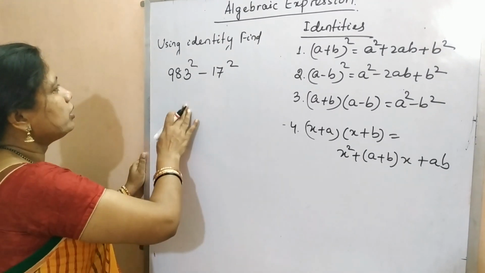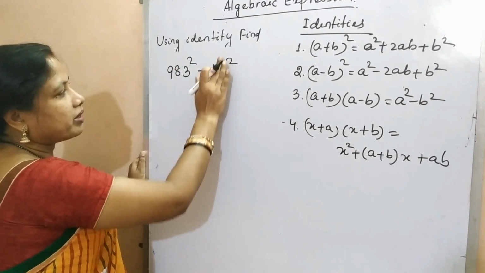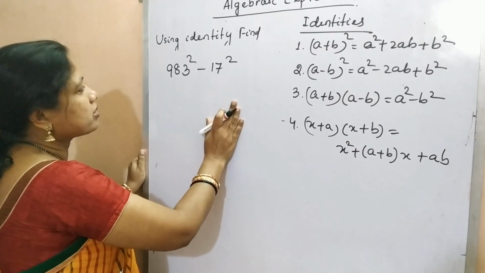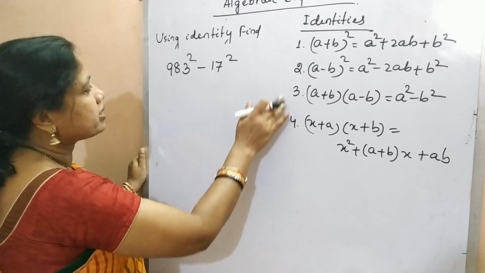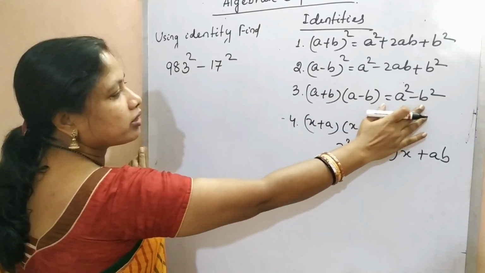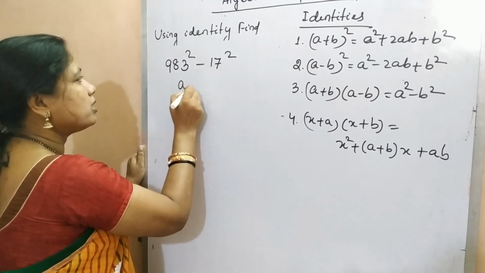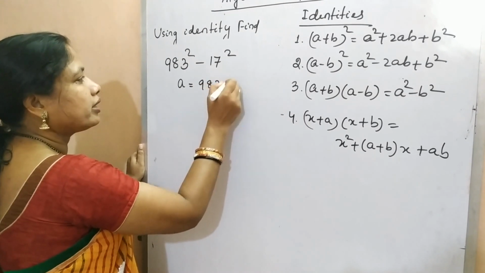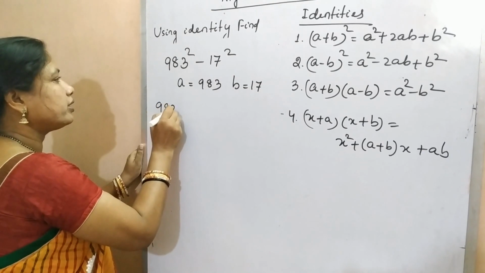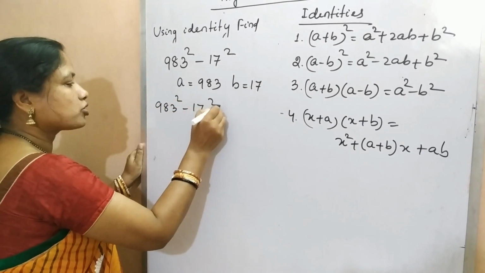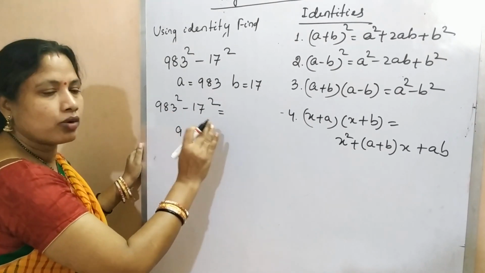Next example, using identity, find 983 square minus 17 square. So first you find which identity we will use here. It is a square minus b square, 983 square minus 17 square. So here a is equal to 983 and b is equal to 17. So a square minus b square is equal to a plus b whole into a minus b.